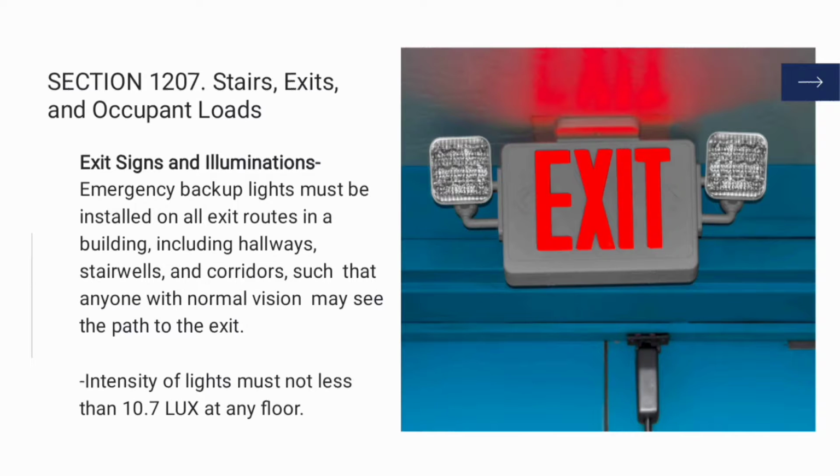Next, the exit signs and illuminations. So emergency backup lights must be installed on all exit roads in the building, including hallways, stairwells, and corridors, such that anyone with normal vision may see the path to the exit. So dapat sad ang intensity sa light sa imuhang signage is it should not be less than 10.7 lux at any floor.